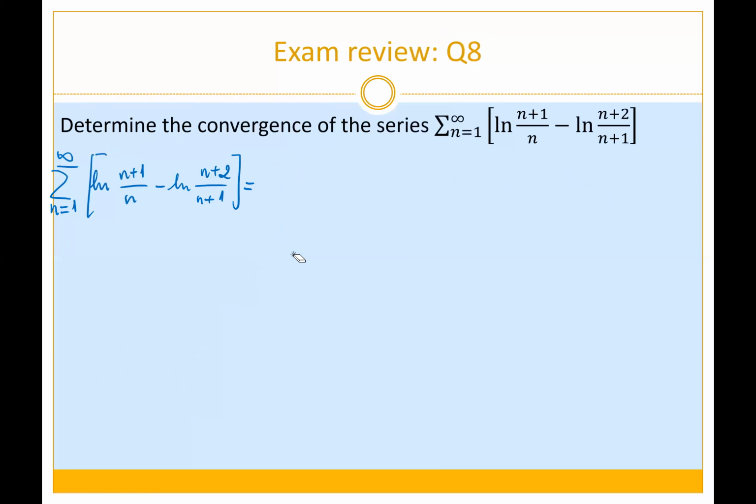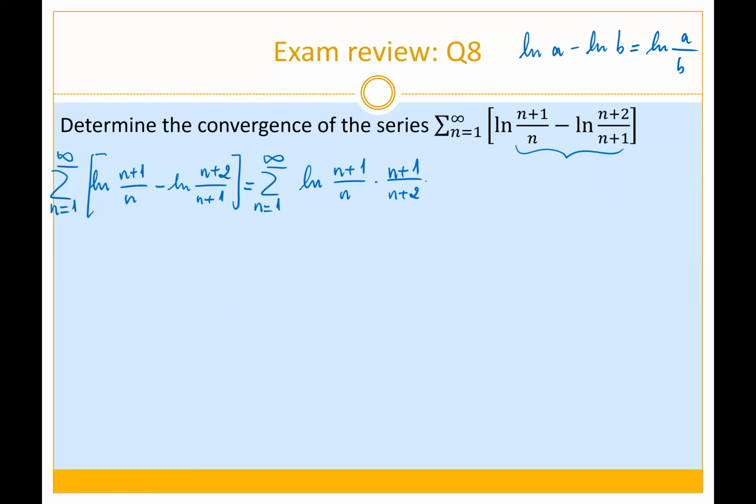So you have a difference here, and a property saying ln of a minus ln of b is going to be ln of a over b. Here we have that one is going to equal ln of n plus 1 over n multiplied by n plus 1 over n plus 2. This one is a pretty weird one.